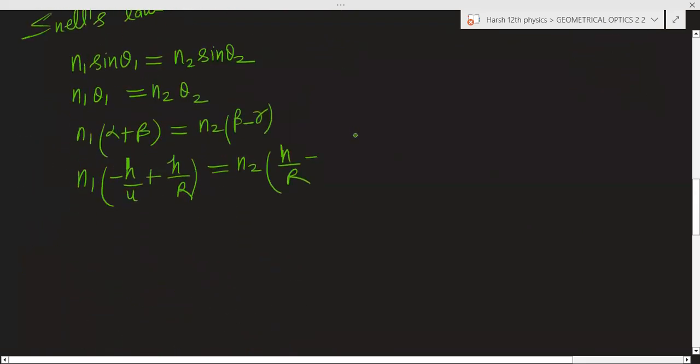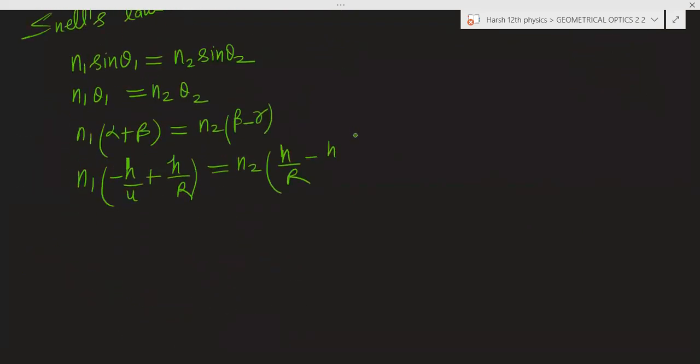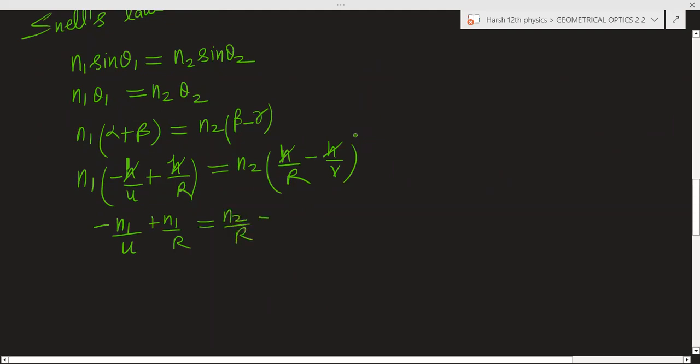Gamma is h by v. Now h, from here and from here, will be cancelled out. You will have minus n1 by u plus n1 by r is equal to n2 by r minus n2 by v.